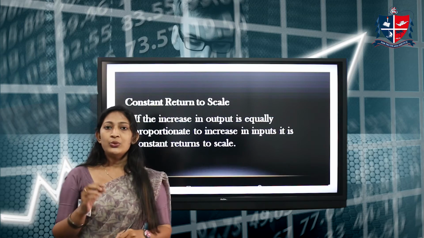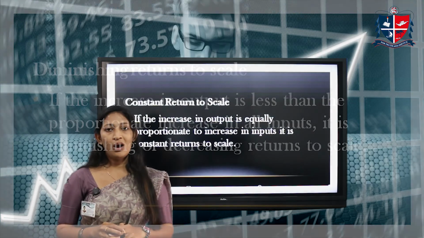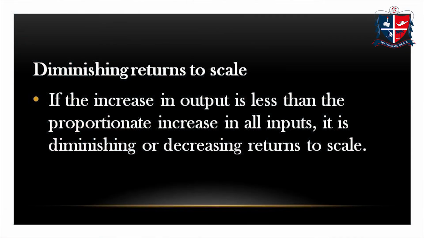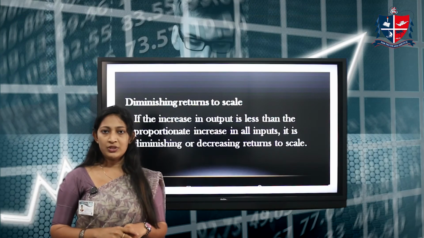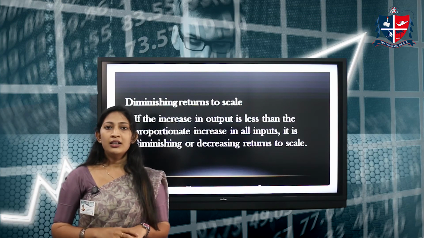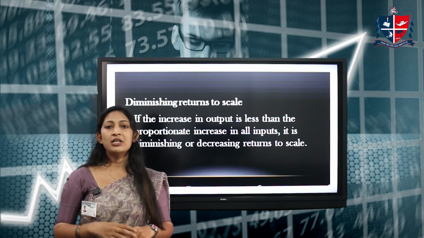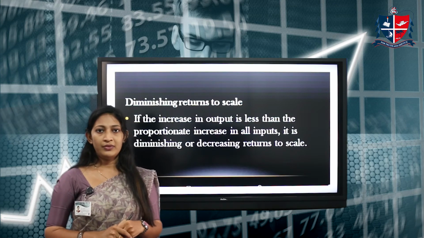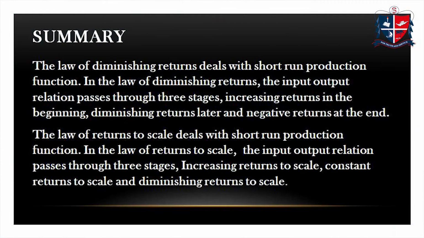Here, a 20% increase in inputs leads to a 20% increase in output. In the third stage, the increase in output is less than proportionate to the increase in inputs. For example, a 20% increase in inputs causes a 10% increase in output. So these are the three stages in the law of returns to scale.